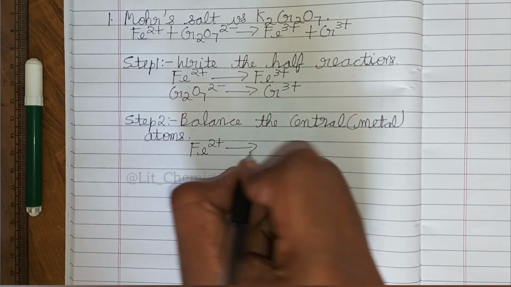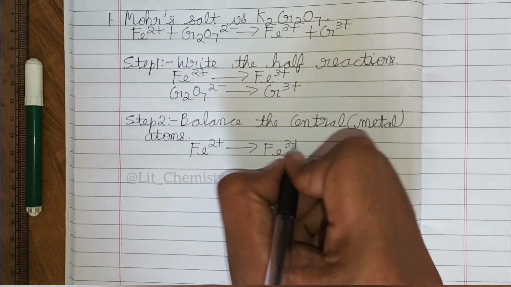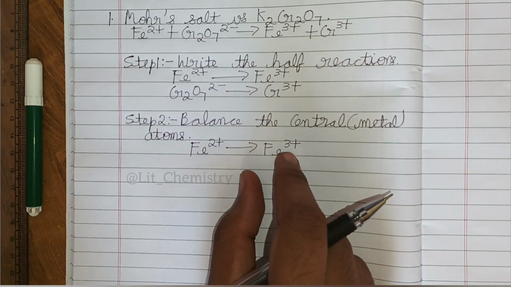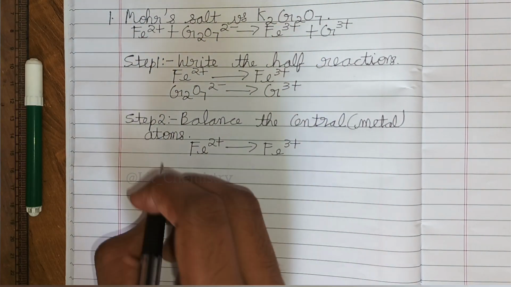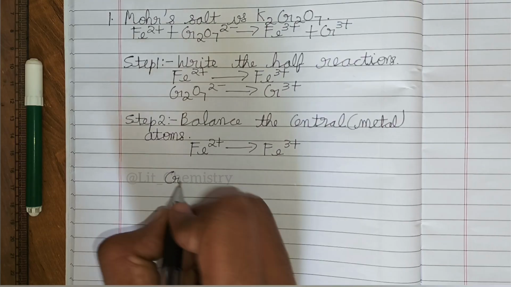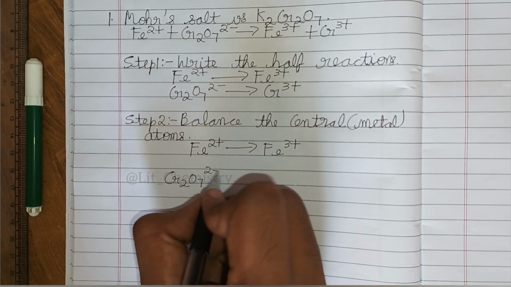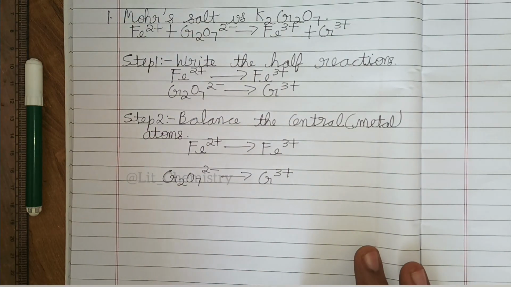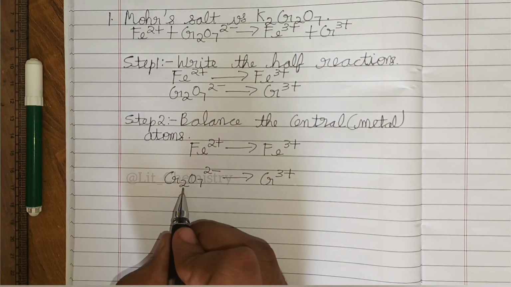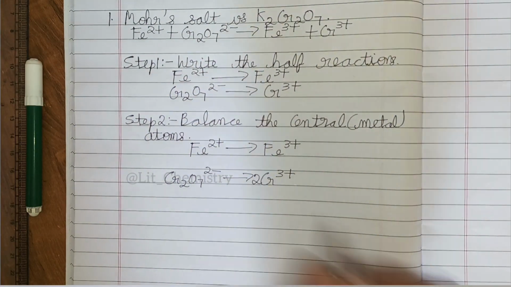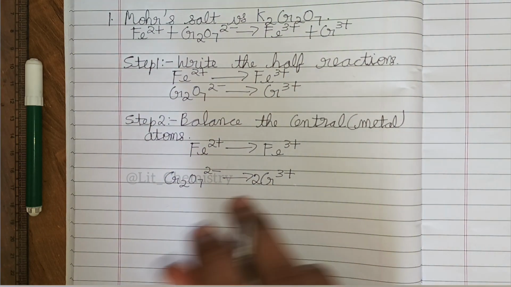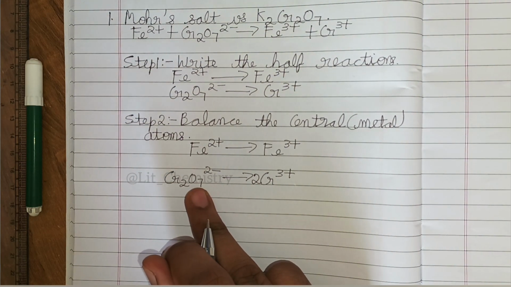Fe2+ gives rise to Fe3+, and Fe and Fe is already balanced. Now Cr2O7 2- gives rise to Cr3+. Here we have Cr2, so I'll write 2 here. So Cr and Cr is balanced. Oxygen we will be balancing in the next step.